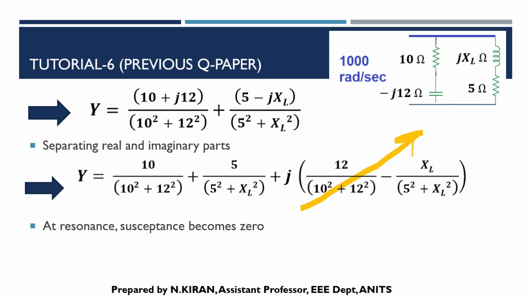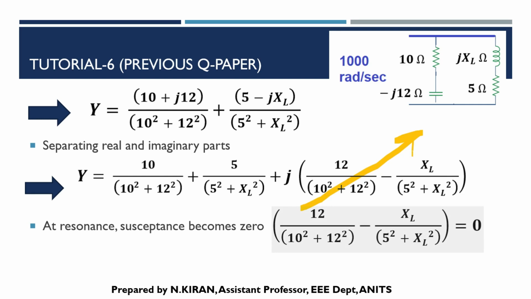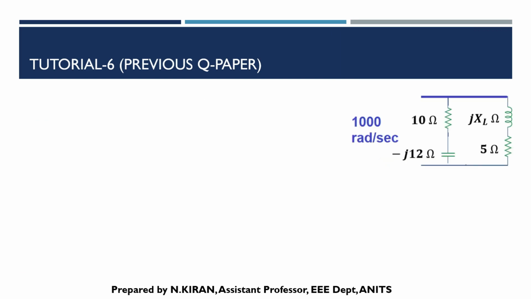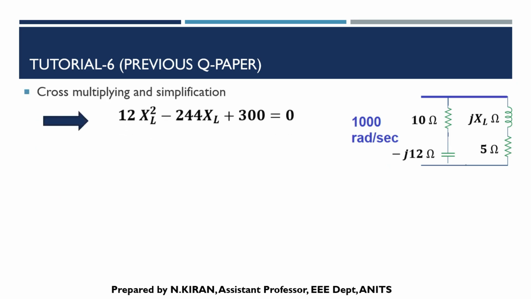On equating the imaginary term to 0, cross multiplying and simplifying the expression, we get a quadratic equation in XL. The quadratic equation obtained after simplification is 12XL square minus 244XL plus 300 is equal to 0.